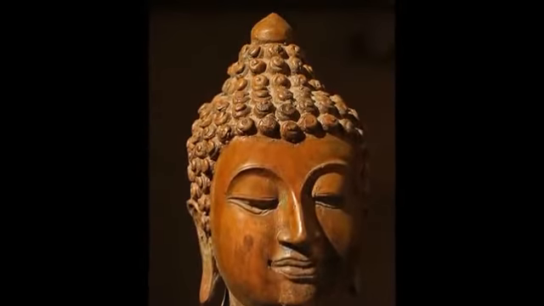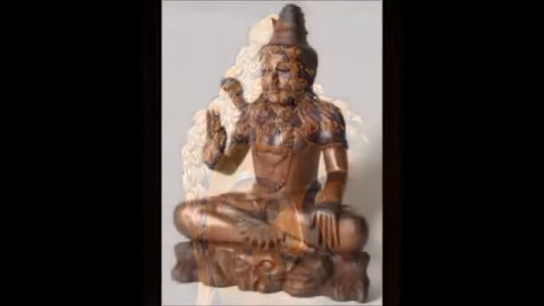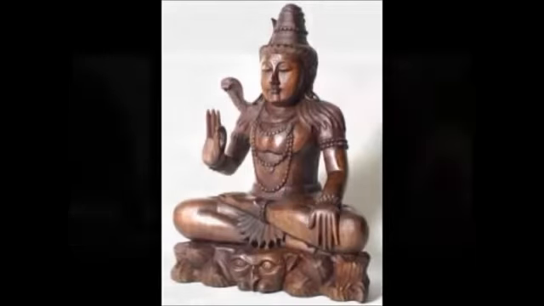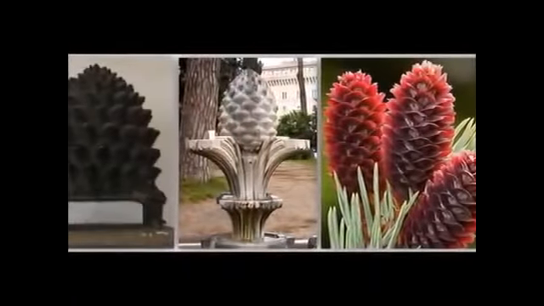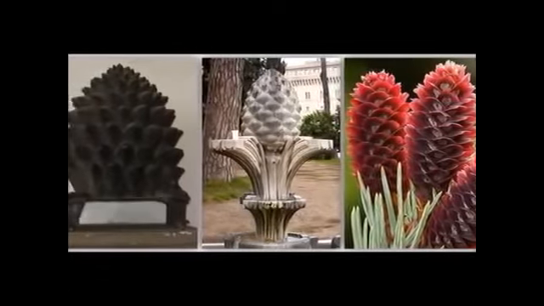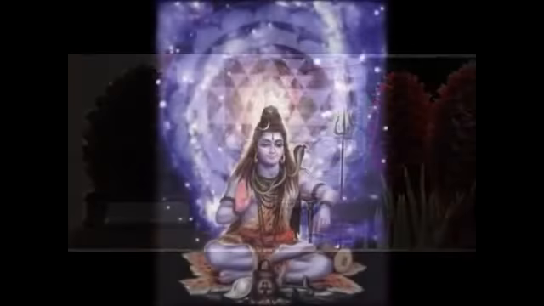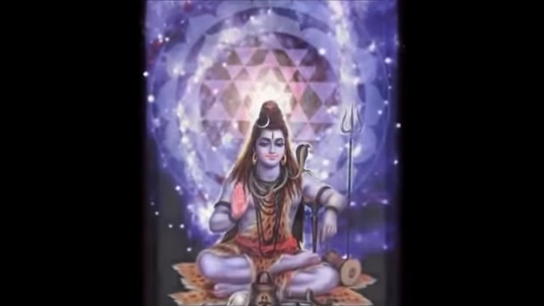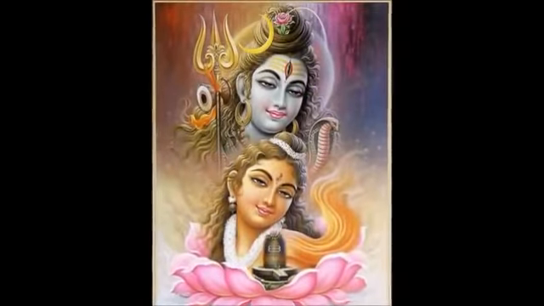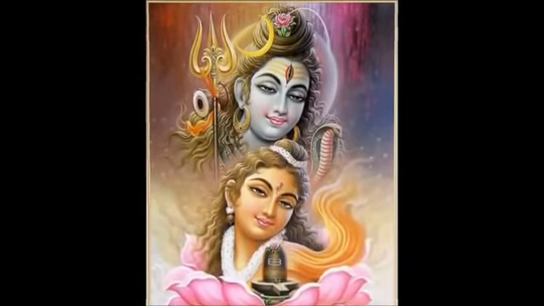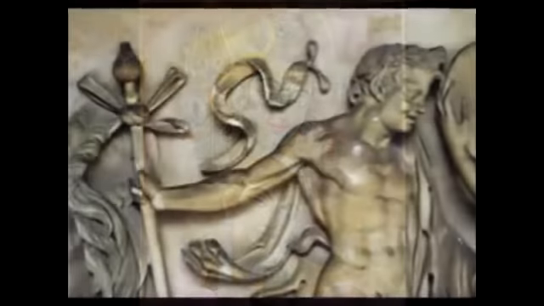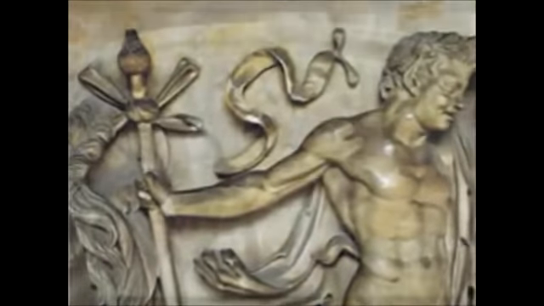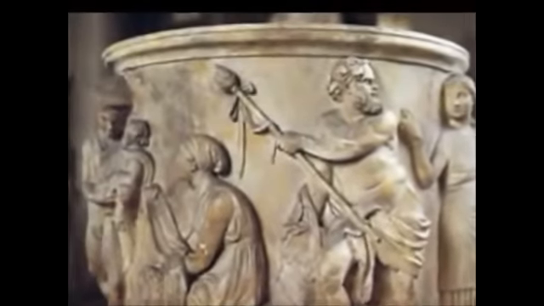Buddha is even shown to have hair shaped like a pine cone. Here, the goddess Shiva has her hair worn in the shape of a pine cone. The Greek god Dionysus has a pine cone on his staff. The same is true for Bacchus, the Greek god of drunkenness and revelry.